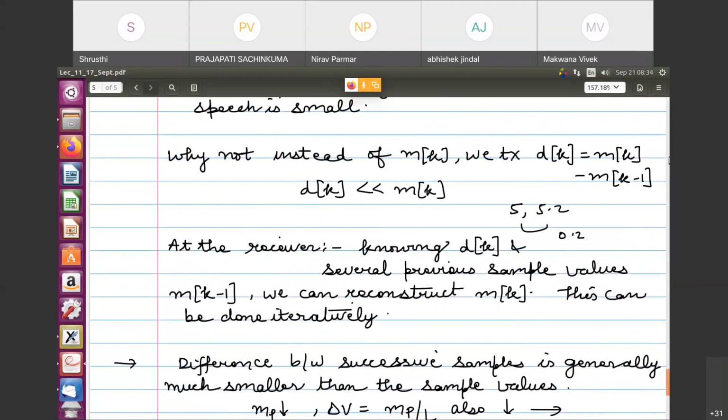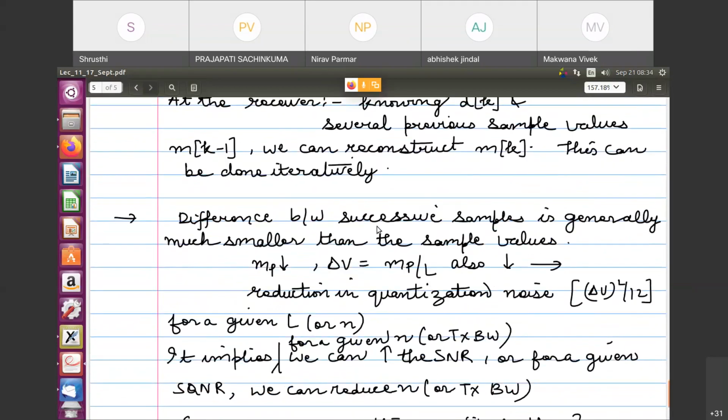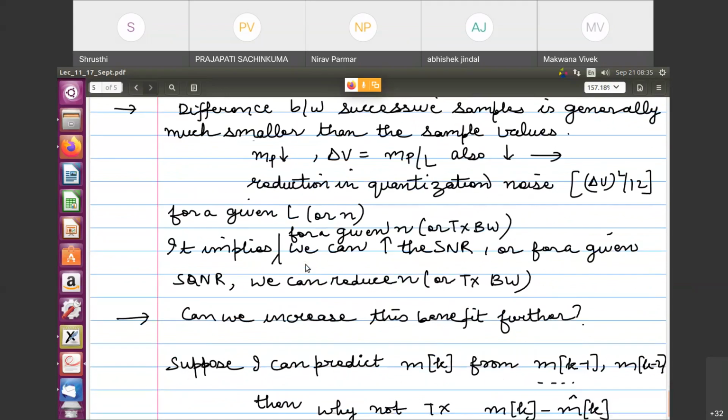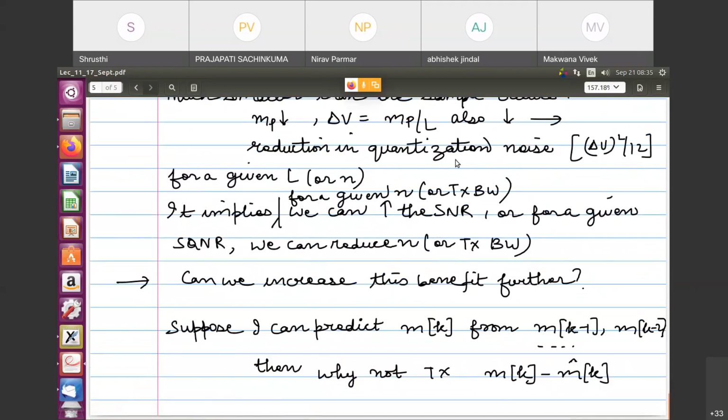Now, why are we doing this? There are several reasons. One is that decreasing the number of bits is always better, because quantization noise is something we cannot recover; we cannot remove it completely at the receiver. Secondly, if we can decrease the bandwidth consumption, that is also great. We will see in the PCM system that we want to multiplex several voice signals as well.